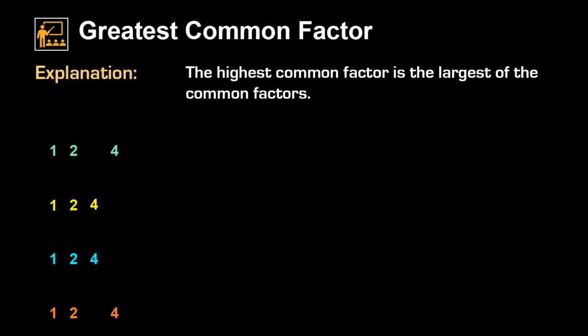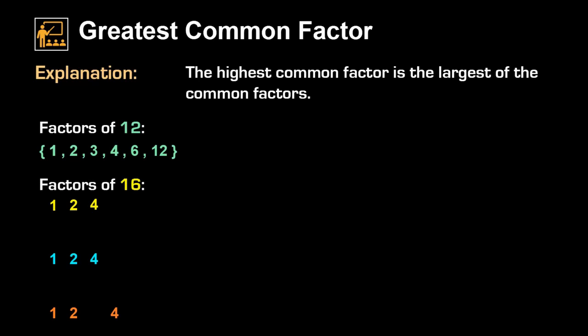So we will again have to find the factors of numbers. For example, the factors of 12 are 1, 2, 3, 4, 6, and 12. The factors of 16 are 1, 2, 4, 8, and 16. The factors of 20 that we just got are 1, 2, 4, 5, 10, and 20.